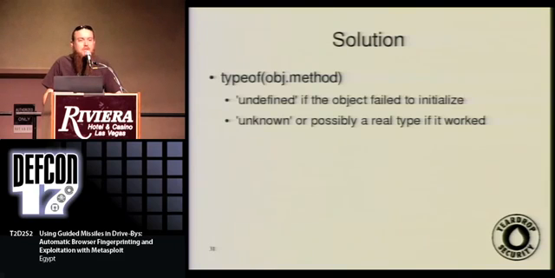If it's an ActiveX method, then it'll come back as an unknown type, which I think is a little weird, but suits our purposes well enough as long as it's not undefined. The other possibility is that it comes back as some regular JavaScript type, like integer or string. At that point, I don't really care, just so long as it's not undefined.